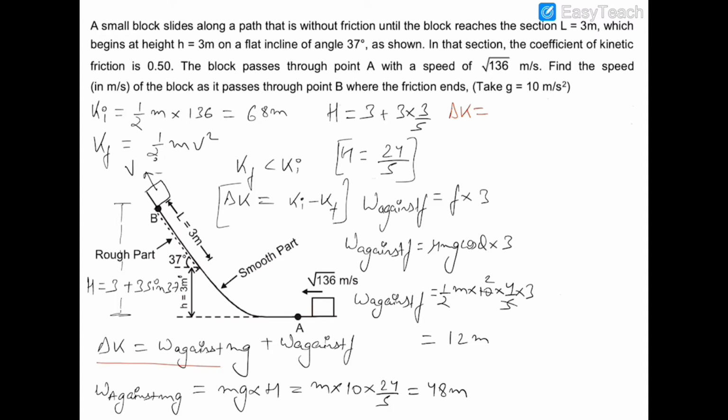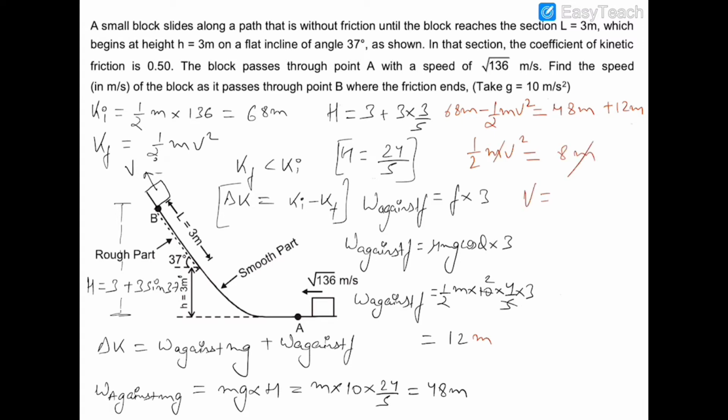I have already written this equation and I am putting the values in it. So 68 m minus half m v squared is equal to 48 m plus 12 m. So half m v squared will be equal to 8 m, and m cancels with m.